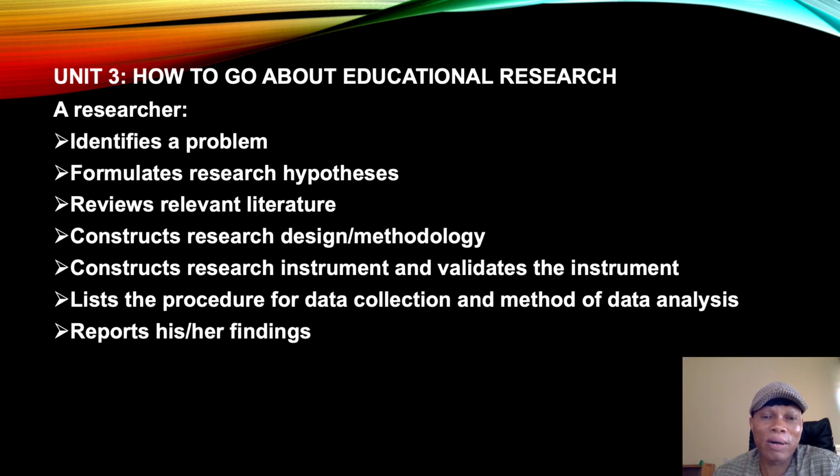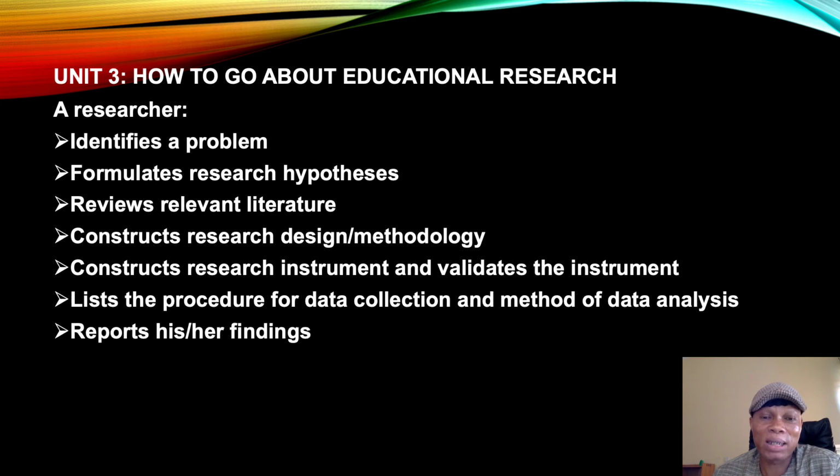The second one, you formulate research hypothesis. If you can still recall in our GNS 211, we talked about a hypothesis and we defined it as an intelligent guess and or a tentative question that needs to be provided answers to.